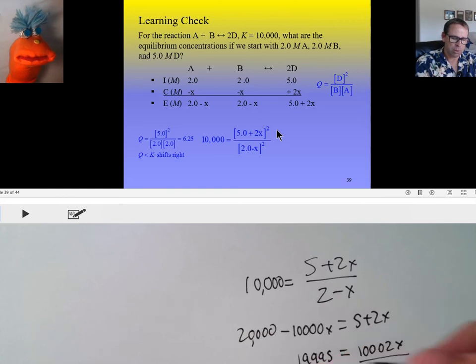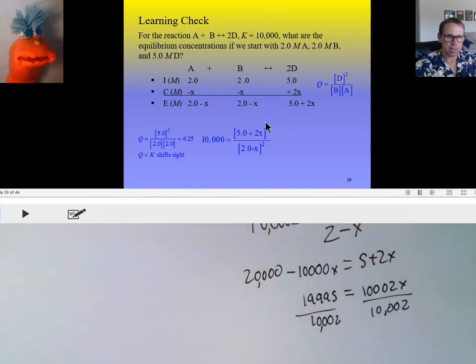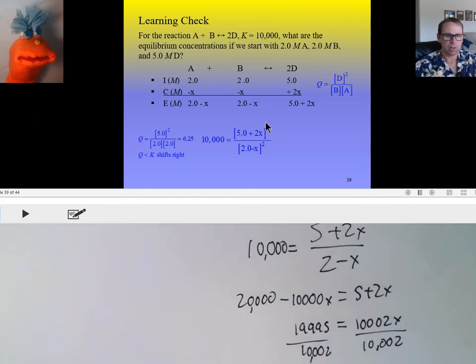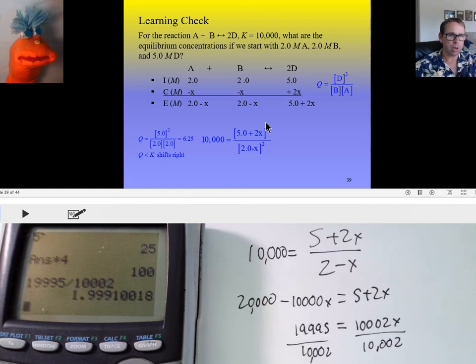So then we're going to divide both of these by 10,000 and 2. All right? So 19,995 divided by 10,002. All right, so our answer is x equals 2, or 1.91.